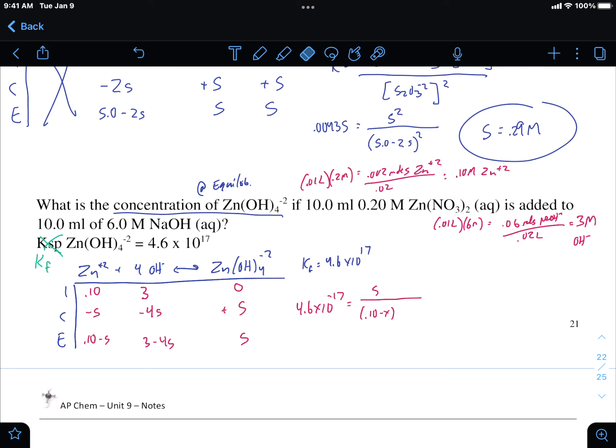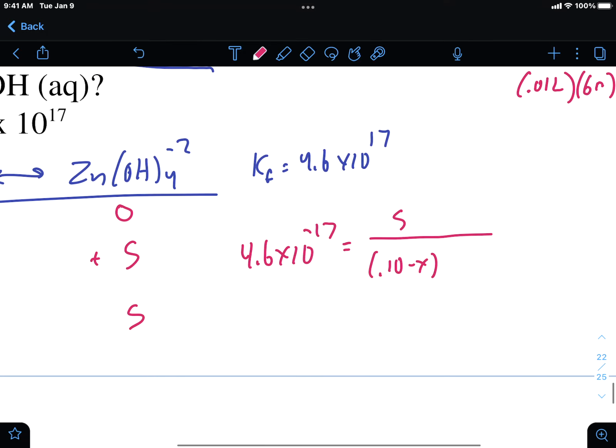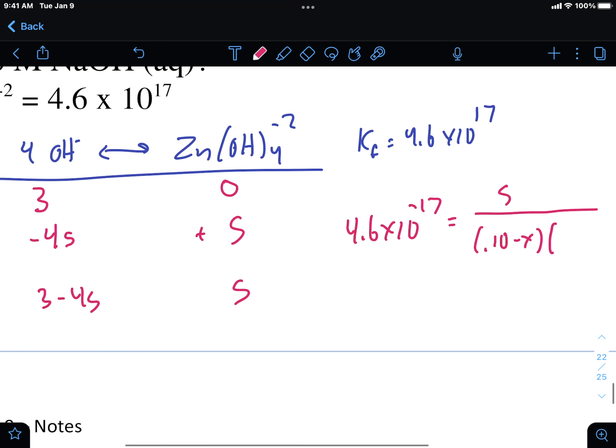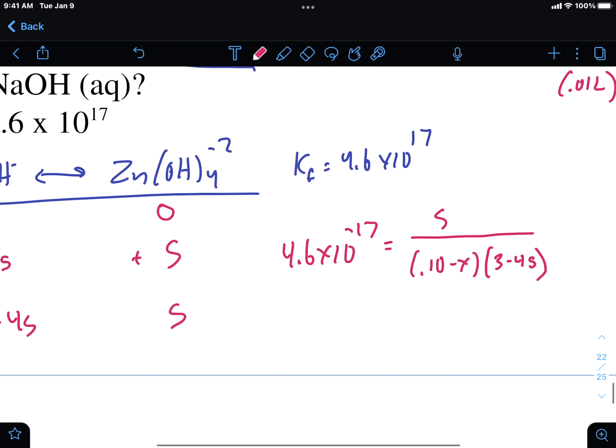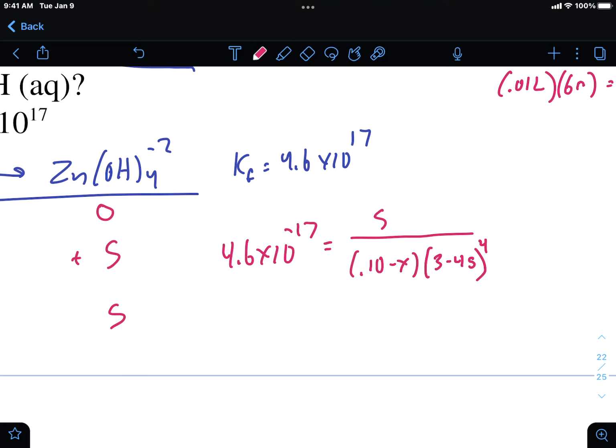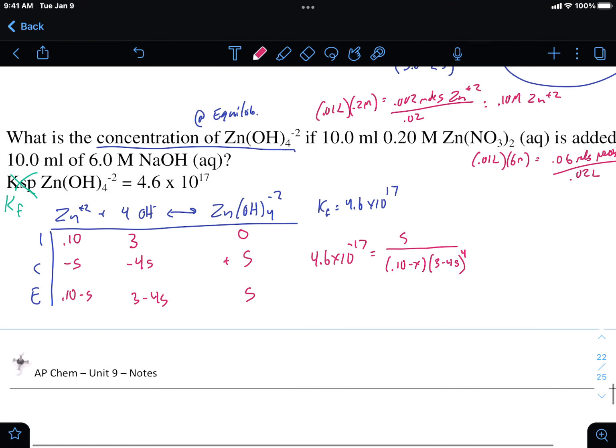I need more room. Let me know what you get.